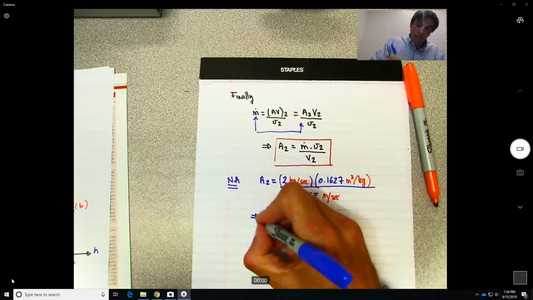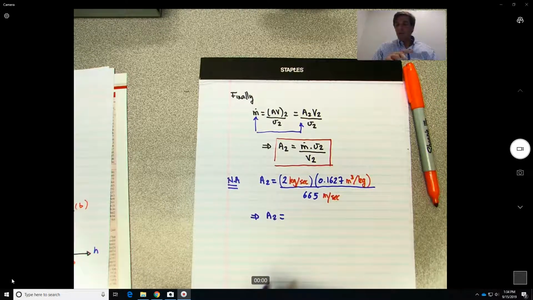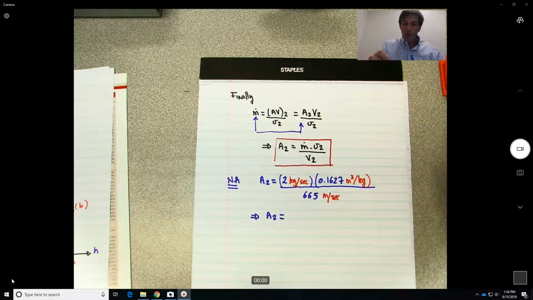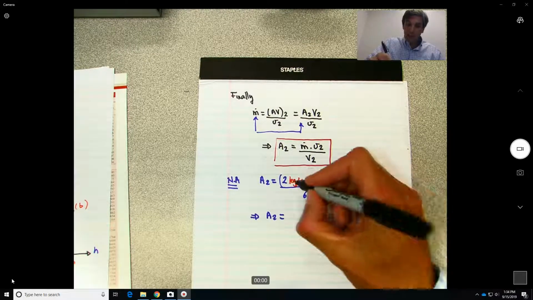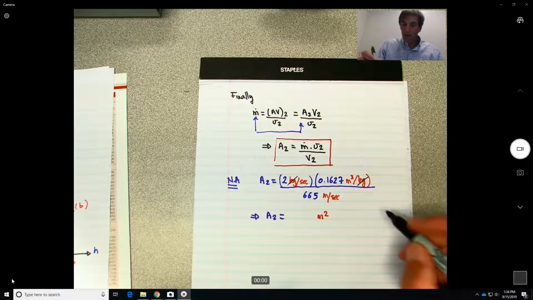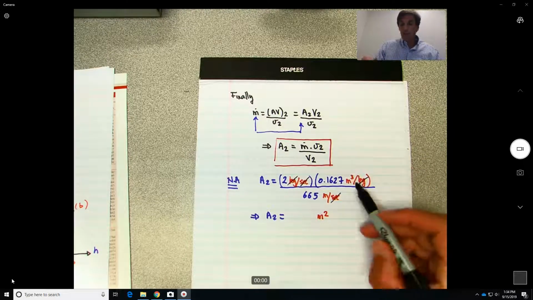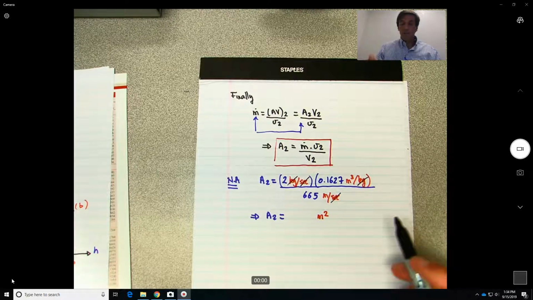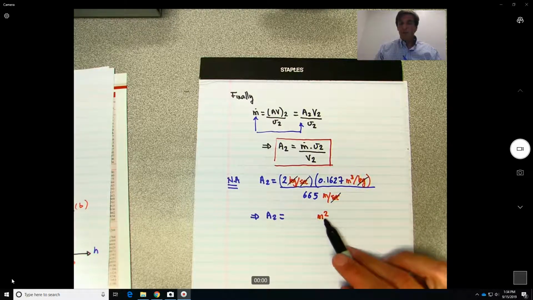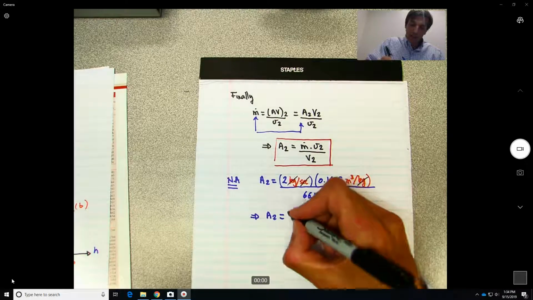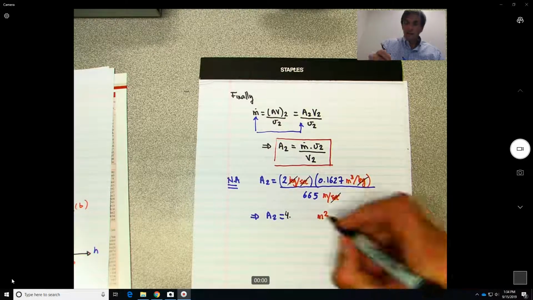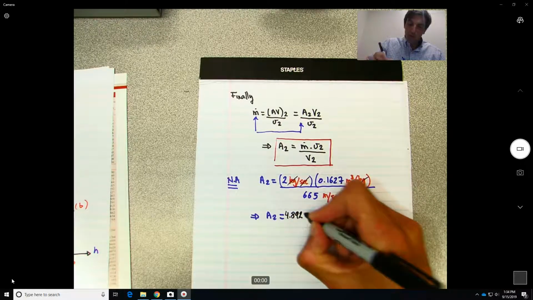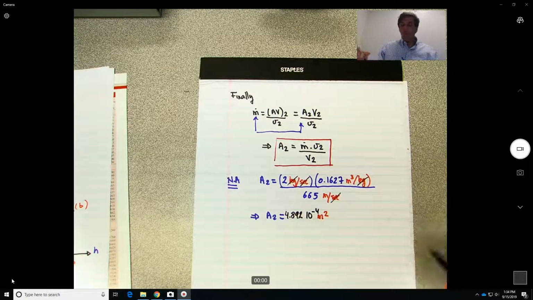Personally, before I even do the calculation, I first check the units. We need to get units of square meters, okay? So the kilogram will cancel with the kilogram, the second cancels, and we have cubic meters divided by meters, which gives meters squared. If you do the calculation, you get 4.892 times 10 to the minus 4 square meters.